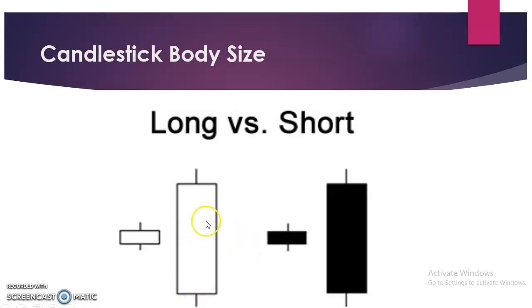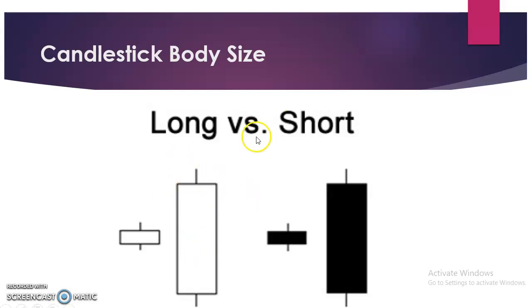So when you see the long bodies, it's telling you about the force, the demand or the supply, as the case might be, the volume of supply or the volume of demand in that period in time.